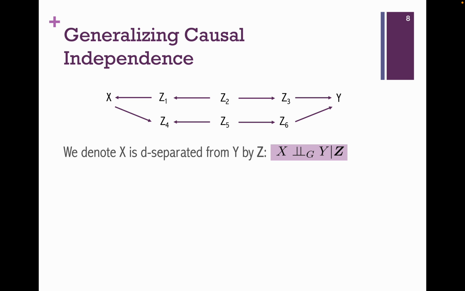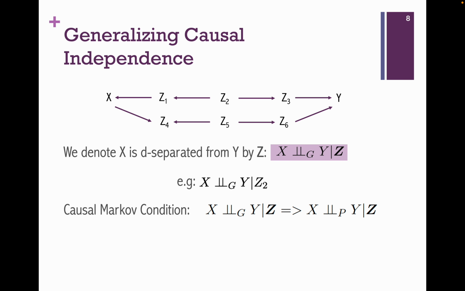When variable z d-separates x from y, it's denoted as follows. So this says x and y are d-separated by z2. And you've probably noticed that the symbol over here is the same as that for probabilistic independence, but with a G for graphical instead of a P for probabilistic. And the reason for this is something called the causal Markov condition, which is a generalization of the principle of the common cause.